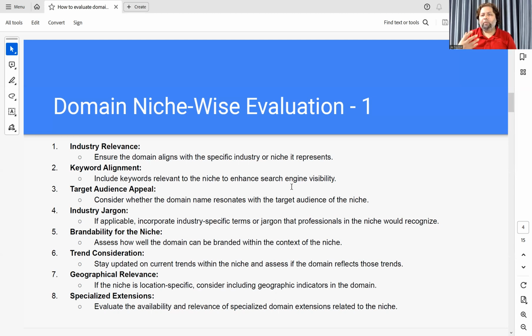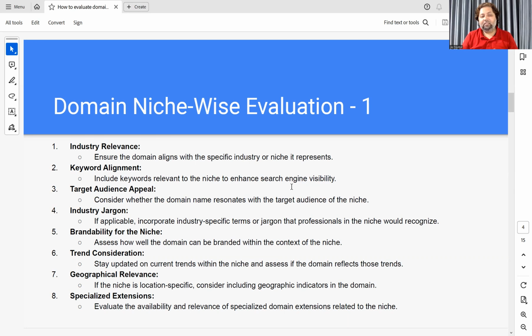Okay, Yasin, what do you mean by office niche? Office stationery, office furniture, office home decor, office supplies. There could be many sub niches of office. Keyword alignment. Keyword should be there. Target audience appeal should be there. If you have a domain like Goa vacation.com, then your target is travelers.